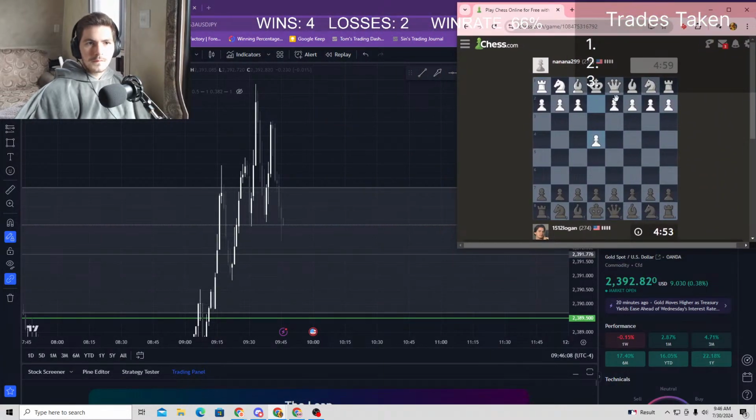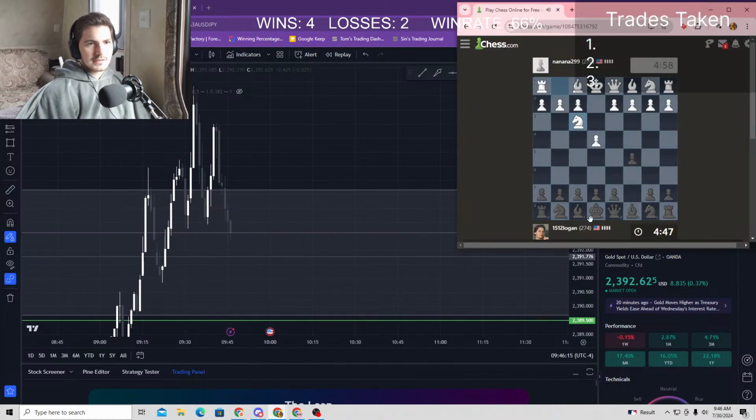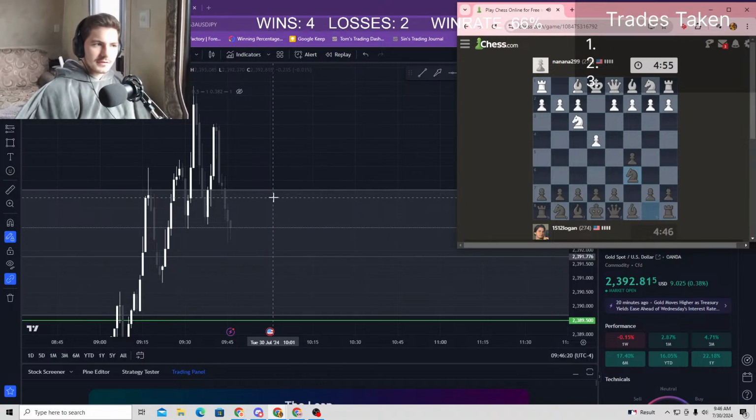What do you think of this kind of type 3? I don't like it mostly because it's against overall higher time frame direction.